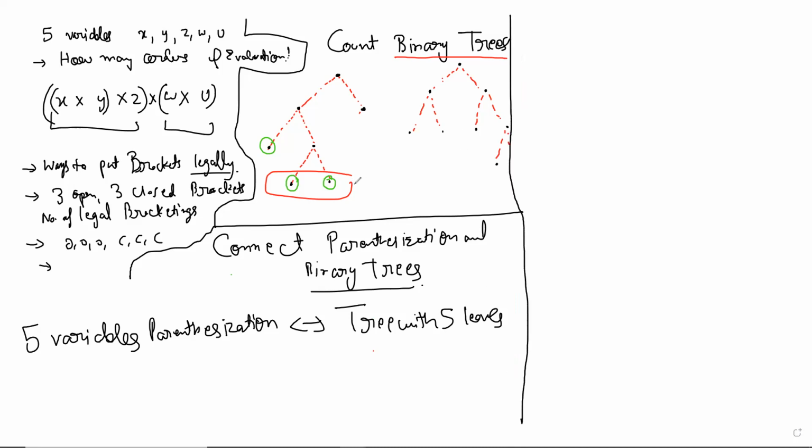As a hint, we want to see that a particular tree with 5 leaves is like a particular way to evaluate 5 variables, or the same as putting a legal parenthesization using 3 pairs of parentheses. So let's take a particular tree with 5 leaves.